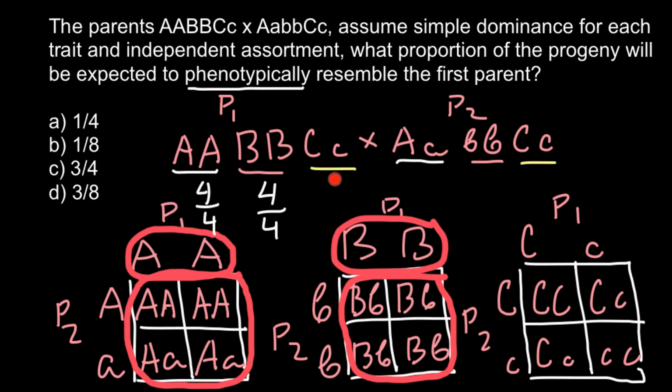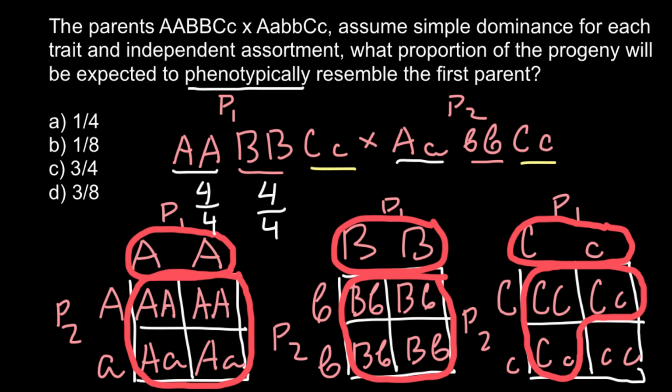So as for the third gene, parent 1 is heterozygous, so this is going to be the genotype of parent 1, and as you see, 3/4 would have the same phenotype.